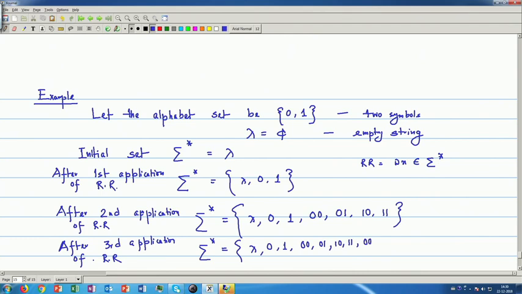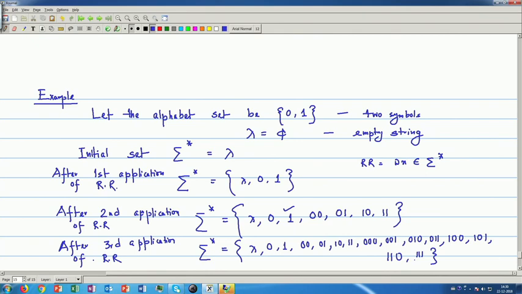Same thing I can now do for the symbol 1, so this becomes 100, 101, 110, 111, and in this way I can continue. So, this is the way we can do that.